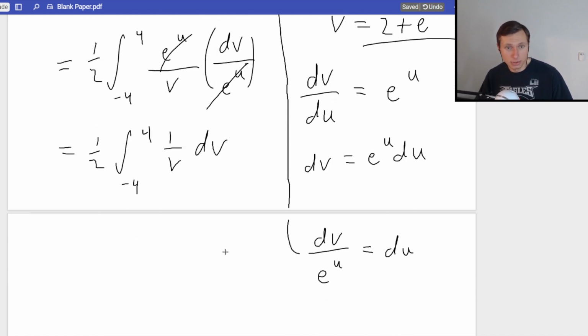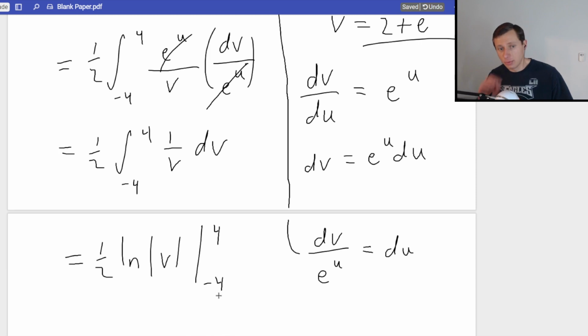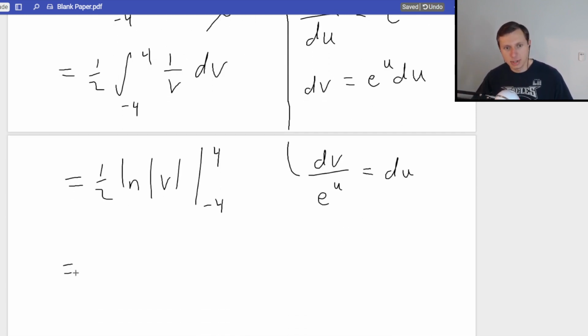Hopefully you know this integral because it's the natural log. It's 1/2 natural log absolute value of v evaluated from 4 to -4. Now, real quick, before we evaluate 4 and -4, we do need to plug back in for u and then again for x, which is very annoying, I know. But it's going to be 1/2 natural log absolute value.